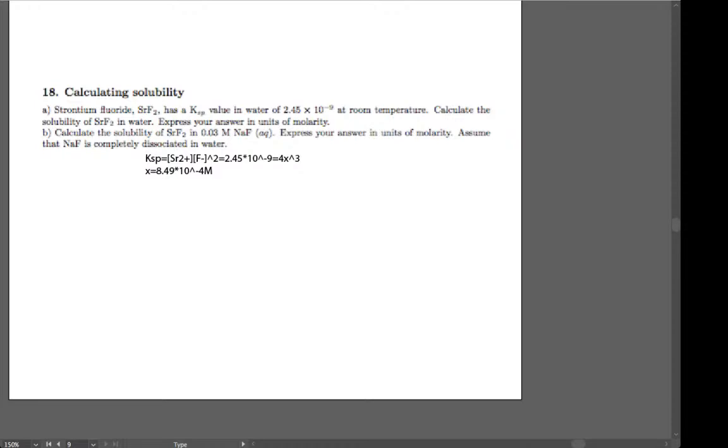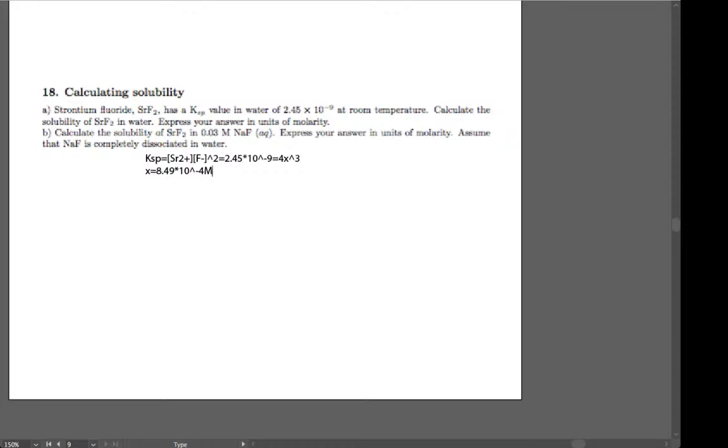Yeah, that is basically the common ion effect. I don't know what to do. So that many would actually dissociate into those two.